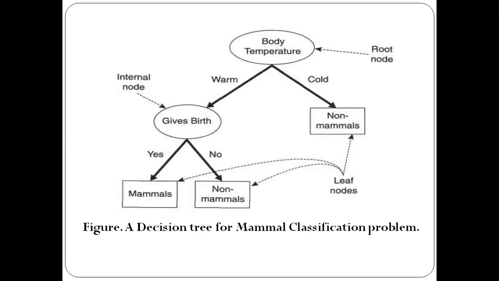These series of questions and the possible answers can be organized in the form of a decision tree. This decision tree is a hierarchical structure consisting of nodes and directed edges. I'll explain this decision tree here.